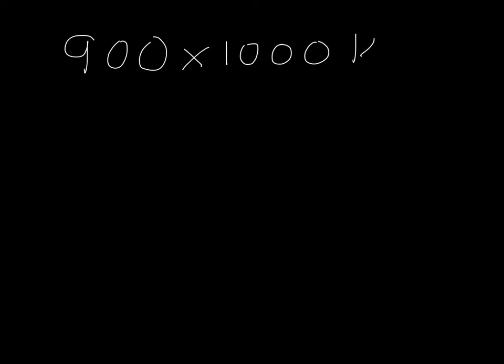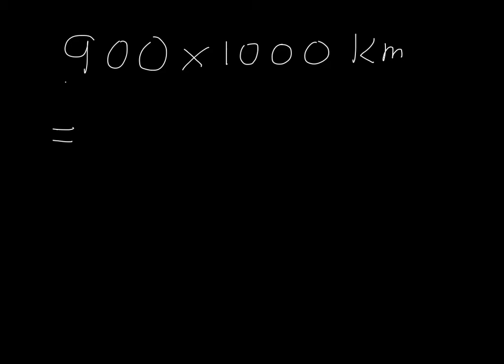Well, we have 900 cubic centimetres, and each cubic centimetre can go 1,000 kilometres. So we could multiply 900 by 1,000 to see how far we could travel. Now when we're multiplying large numbers like this, particularly numbers that end in 0, we can ignore the zeros and multiply what's left.